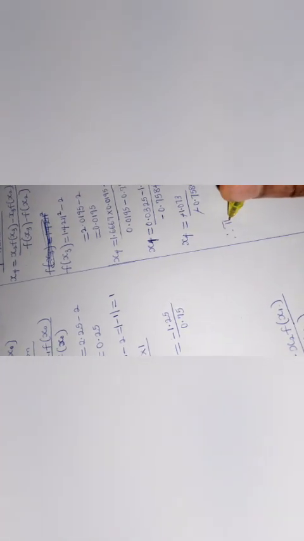So therefore, the approximate root of the equation, I'm going to call the equation f of x equal to x squared minus 2, is given as x4 equal to 1.414.